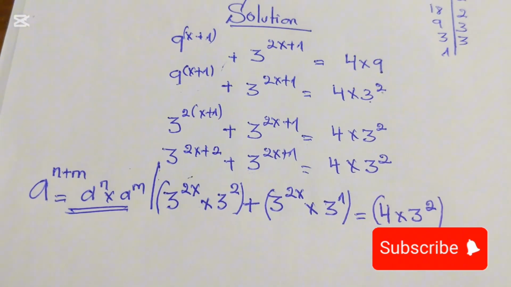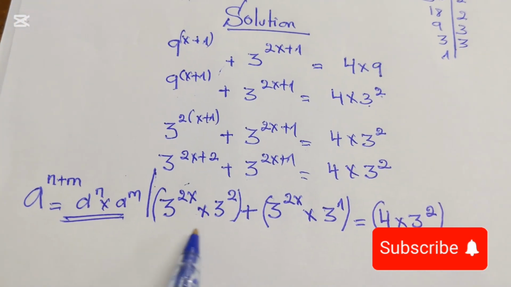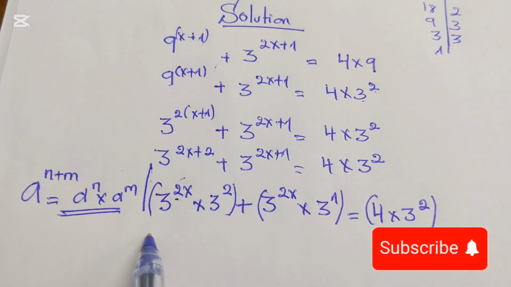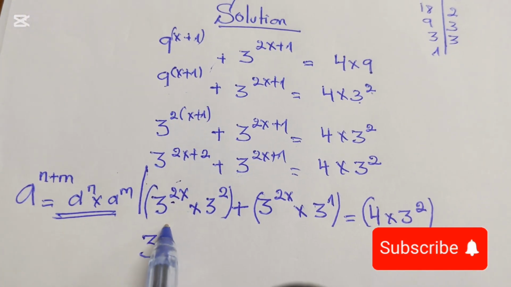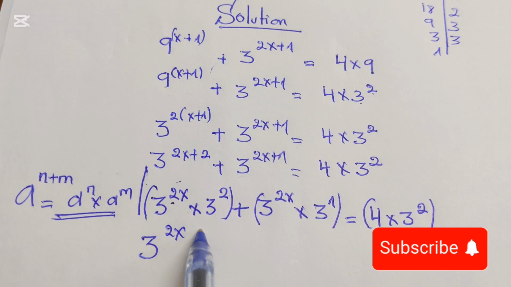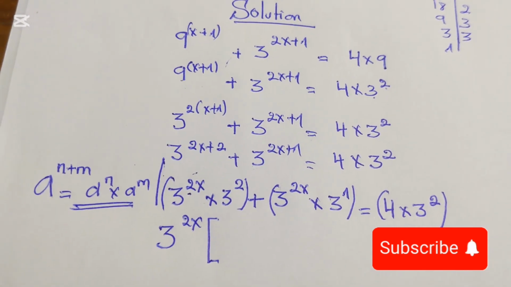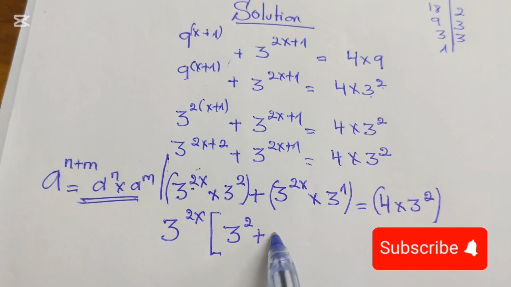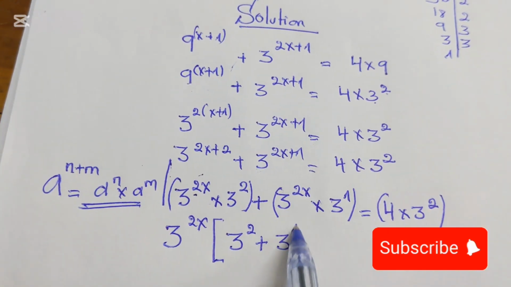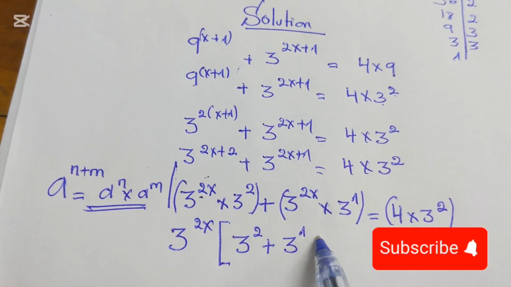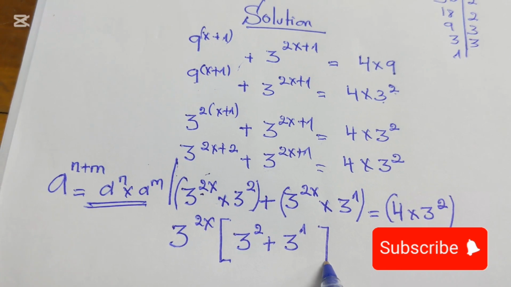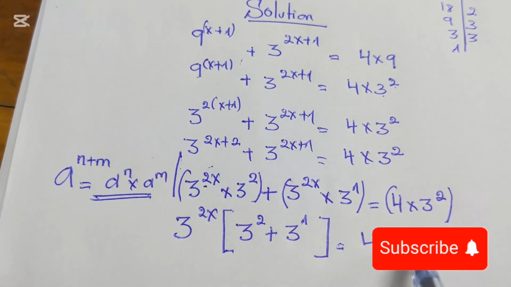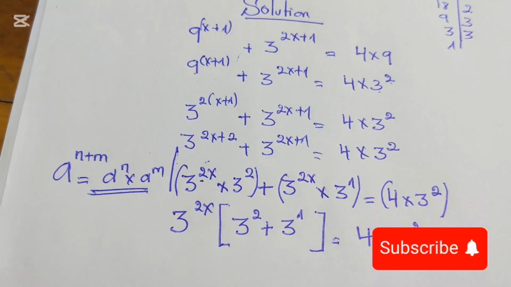Now let us factorize this 3 power 2x outside to get 3 power 2x, open bracket, 3 power 2, then plus 3 power 1, which is equal to 4 times 3 power 2.